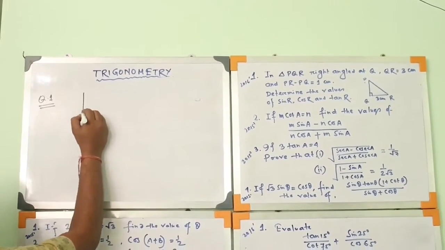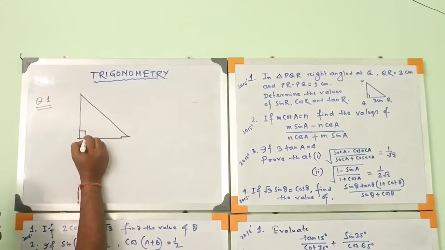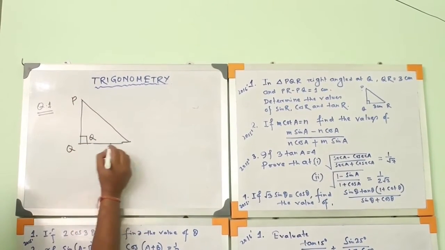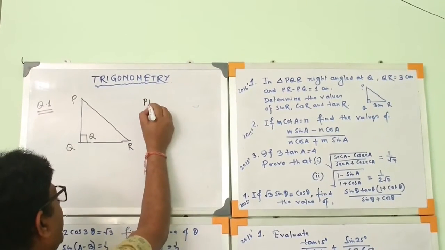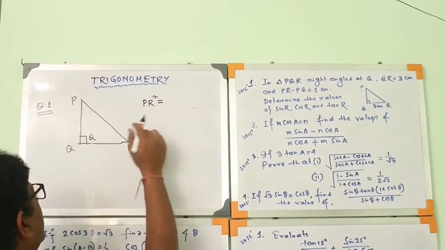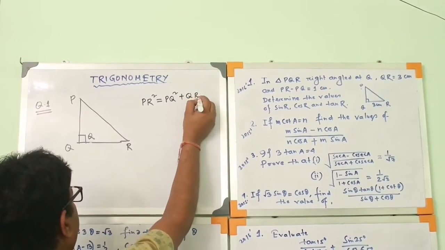So this is the right triangle. This angle Q is 90 degrees. This is P, this is Q and this is R. So we can write PR square, hypotenuse square, is equal to PQ square plus QR square.